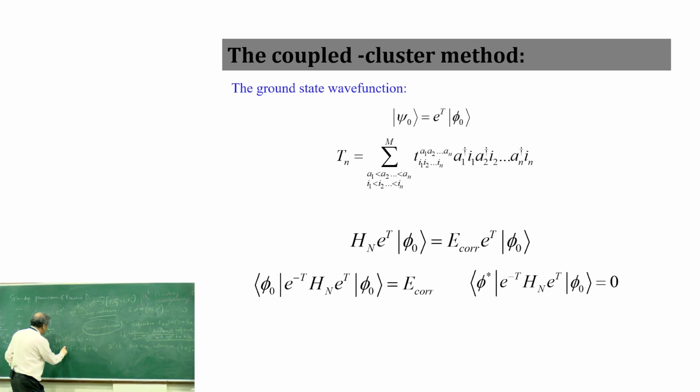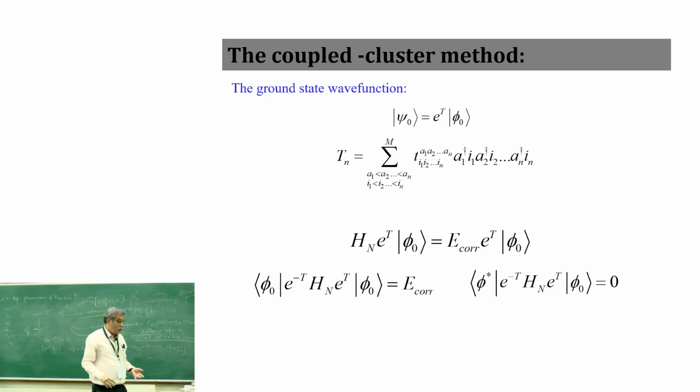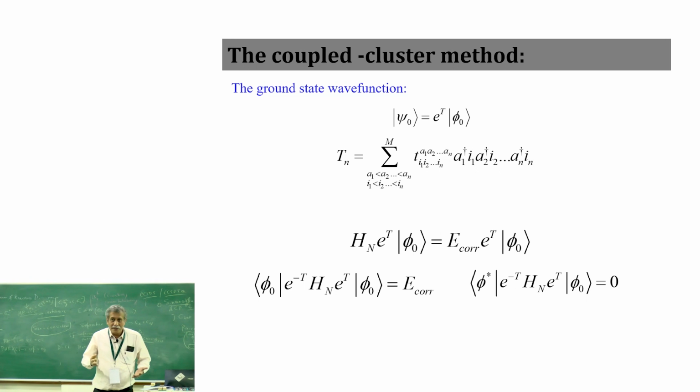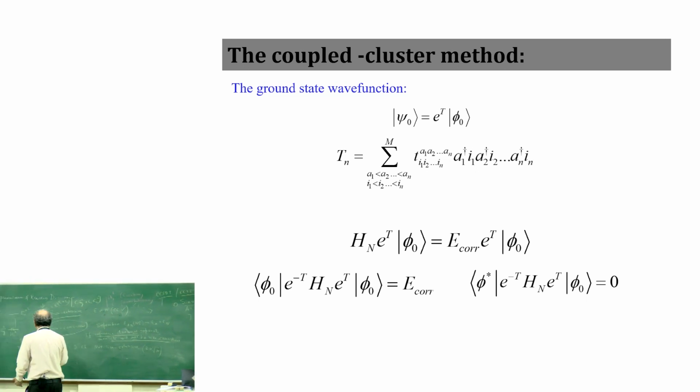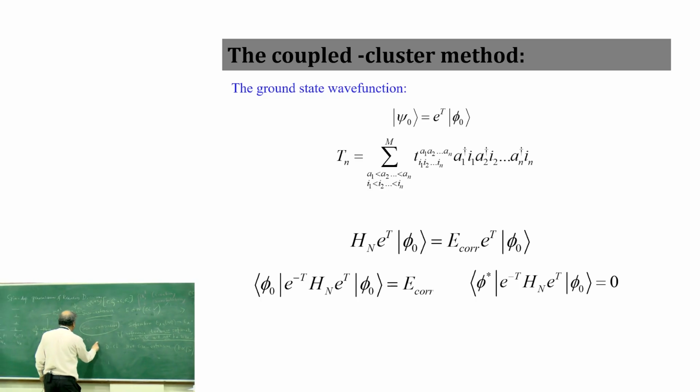Restricted Hartree-Fock is not good. So you may have to do UHF, you may have to do multi-reference Hartree-Fock, MCHF, whatever. So this is the first problem of reference that you must worry about. After you have cleaned up the reference, remember CI is also not good because it is not size extensive. So that is the reason we advocate: first you clean up the reference, then you do coupled cluster.